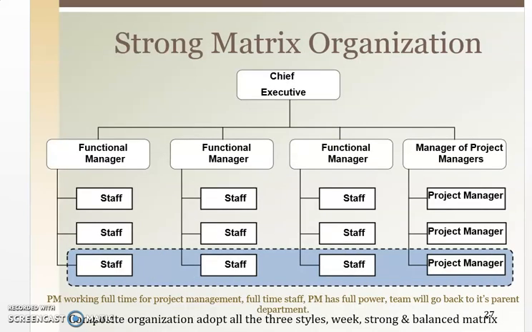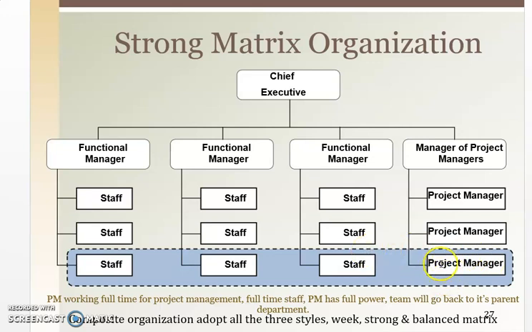Next is the strong matrix organization. In a strong matrix organization, project managers are assigned to manage projects. Here, the project manager is working full time and staff also full time.